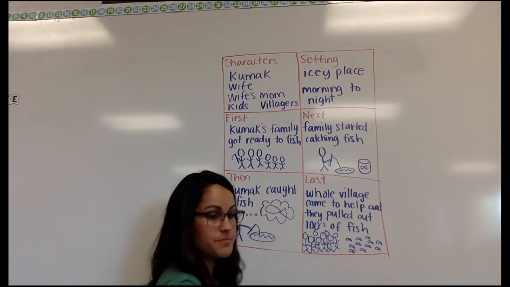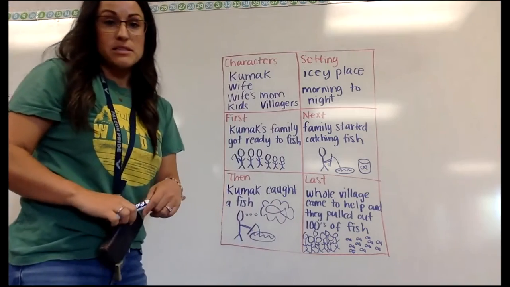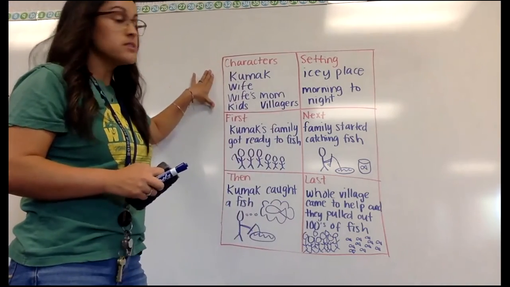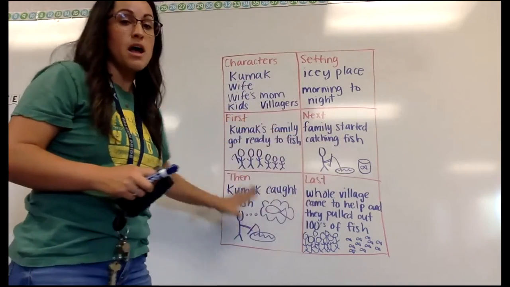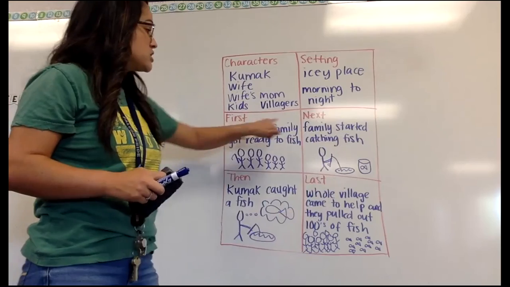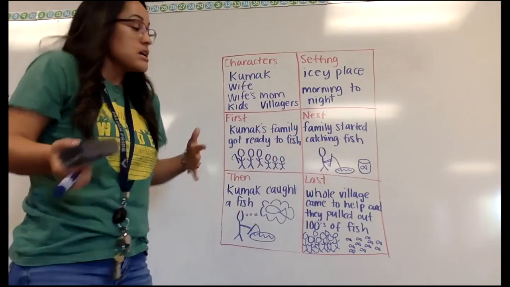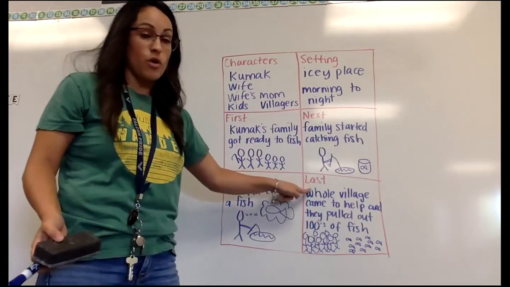All right. So these are called literary elements. When we take a story and we break it up into its characters, its setting, the plot, the plot is the events that happen in the story. And we use words like first, next, then, and last to help us. Some people might say first, second, third, fourth.